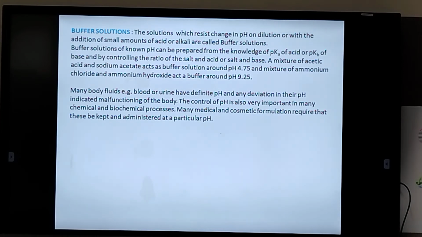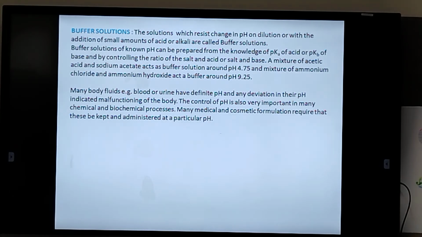A mixture of acetic acid and sodium acetate acts as a buffer solution around pH 4.75, and a mixture of ammonium chloride and ammonium hydroxide acts as a buffer around pH 9.25.